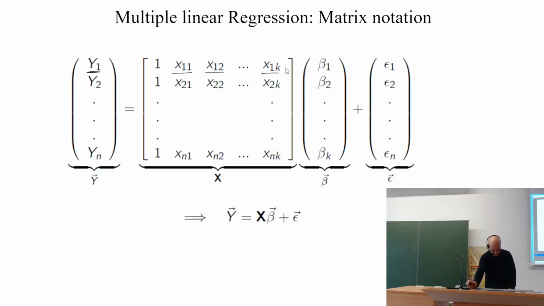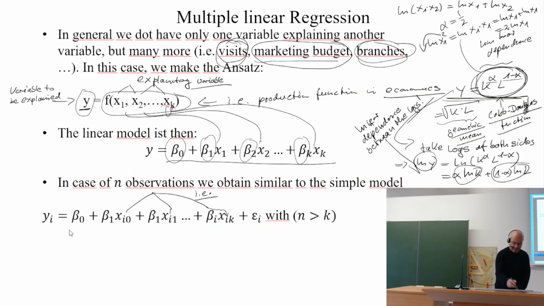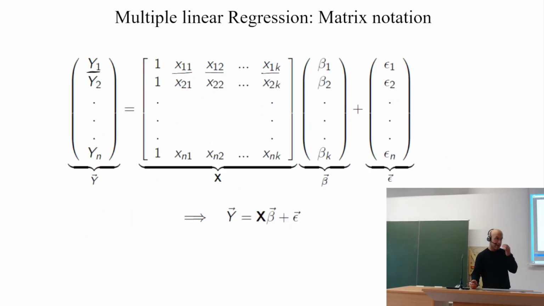Well, and in order to obtain afterwards again this equation y_i equals the sum of all parameters times the number of our explanatory variables, we then write our parameters beta just in this vector.